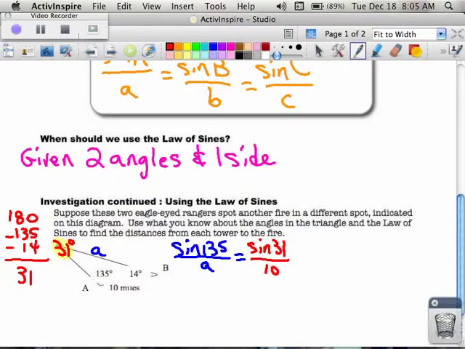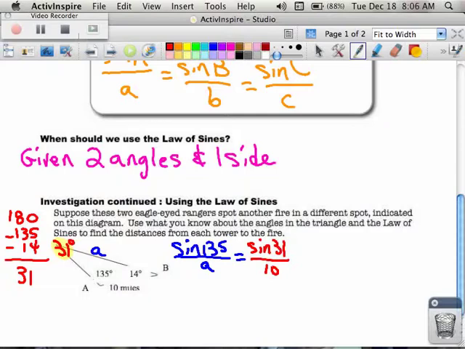Because this is the law of sines: the sine of an angle divided by the side across from it is equal to the sine of an angle divided by the side across from it. The only ratio we know completely is the 31 degree angle and the 10 side that are across from each other.